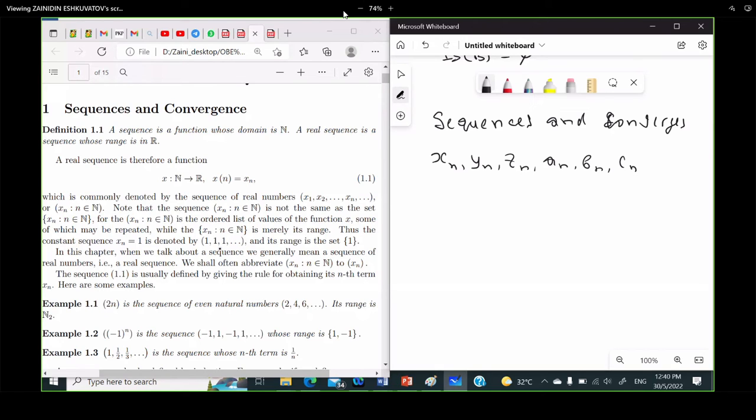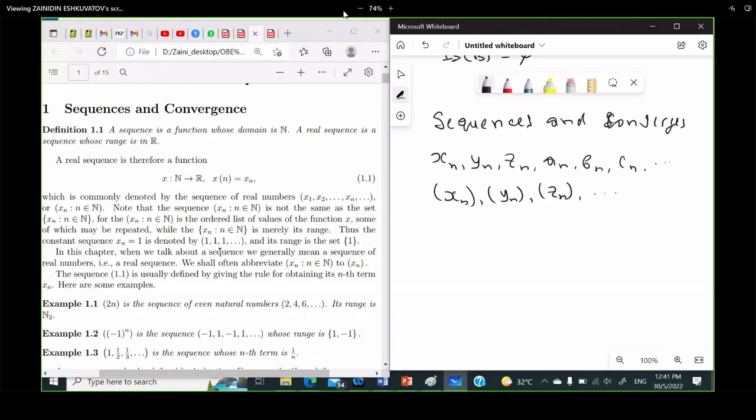Sometimes we denote it like this: xn in brackets, yn in brackets. This is also a notation for a sequence.